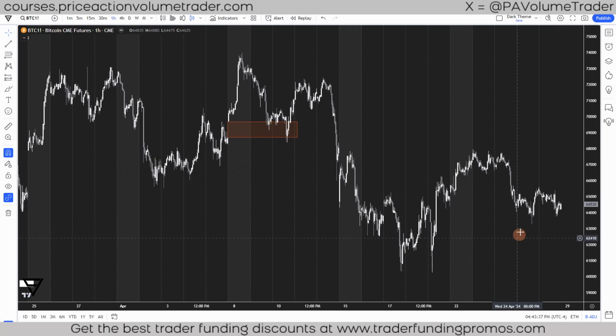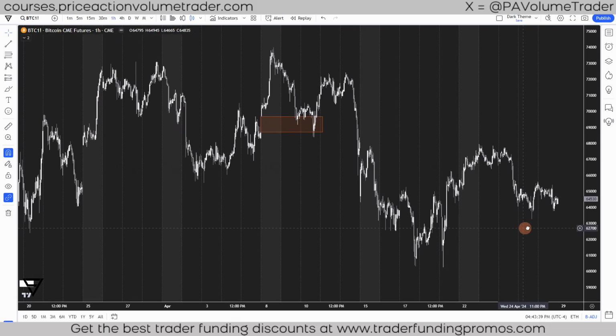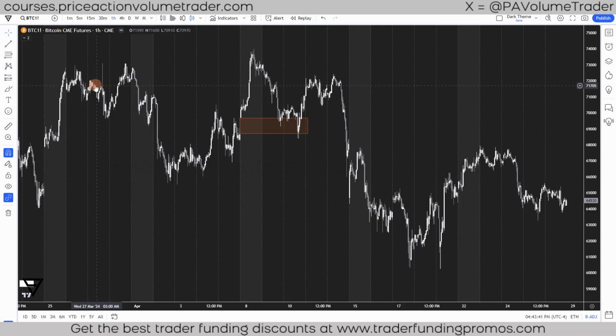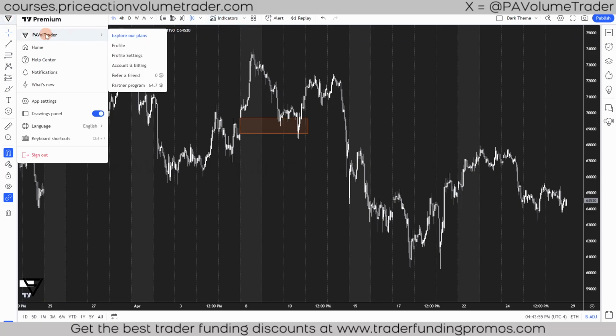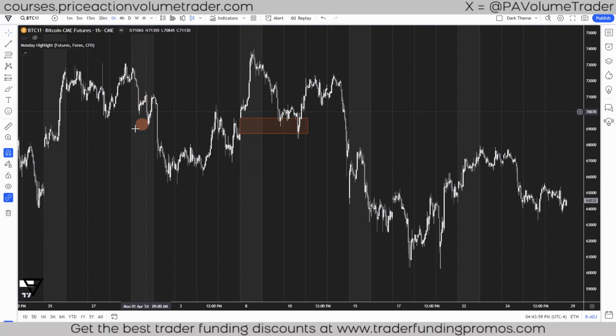If I zoom out here, you can see that every one of these lighter shaded areas, and by the way, this indicator that I'm using is called Monday Highlight. I wrote this indicator and it's available for free on TradingView. You can just go look at it through my username, PA Vault Trader, and you can find that there.